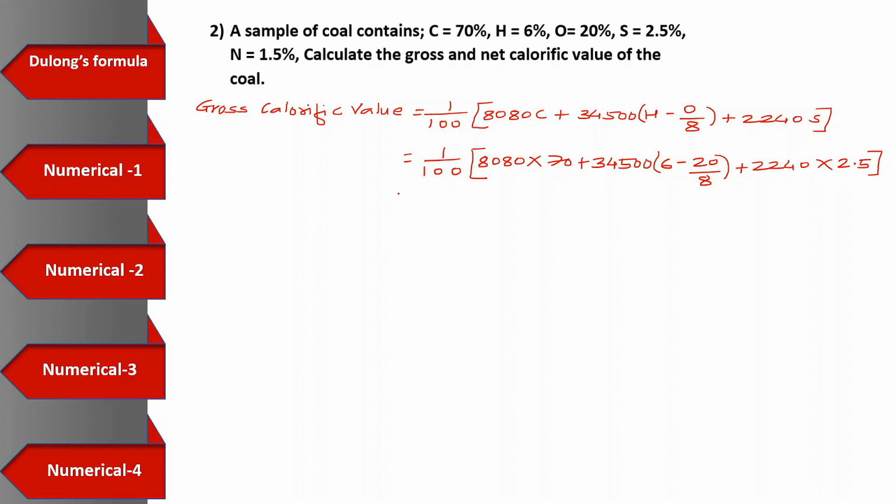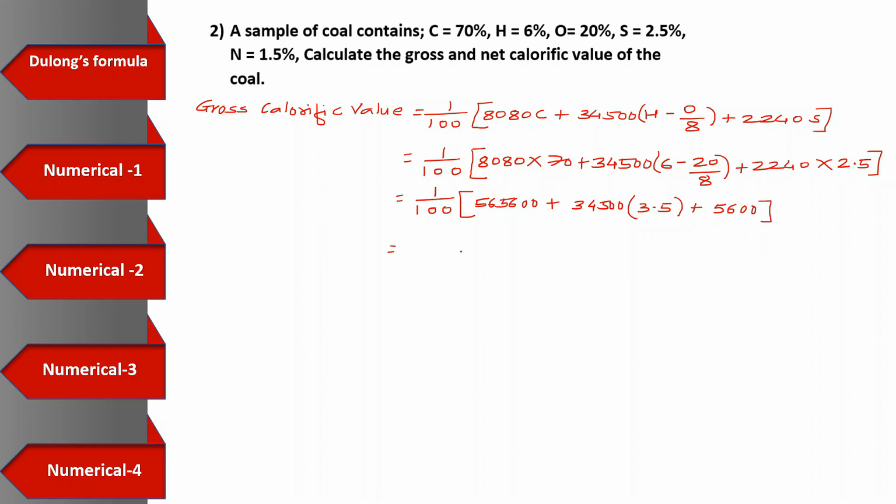First solve the bracket. 1 upon 100 [565600 plus 34500 into (6 minus 2.5, which is 3.5) plus this multiplication, whose value is, by calculation, 5600].